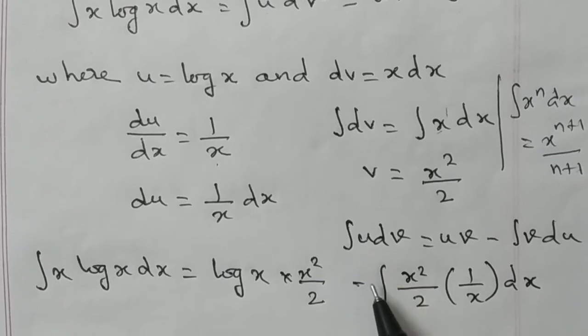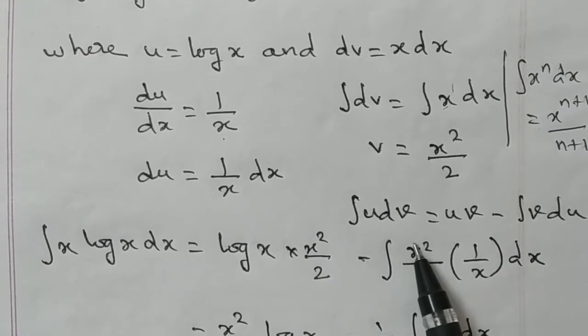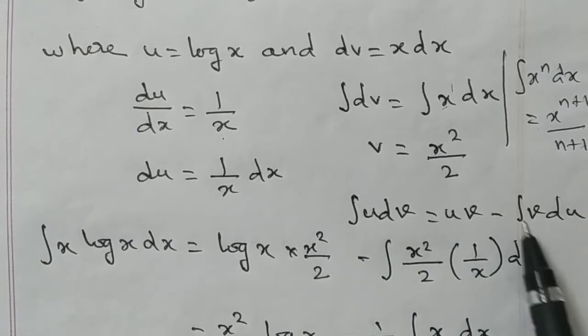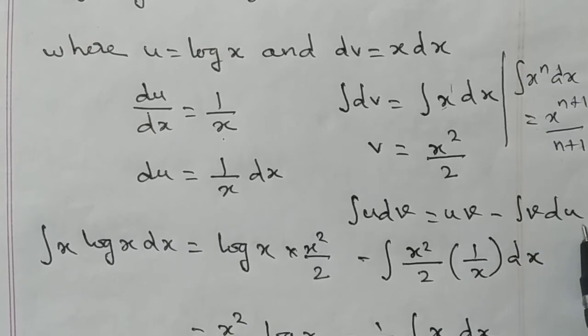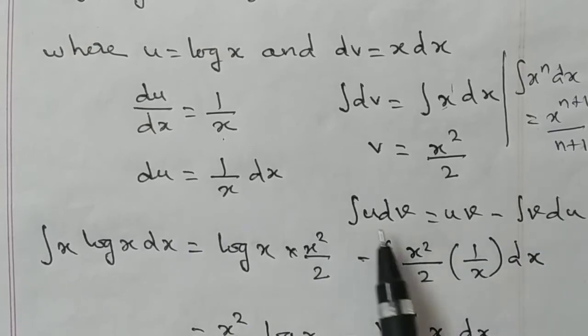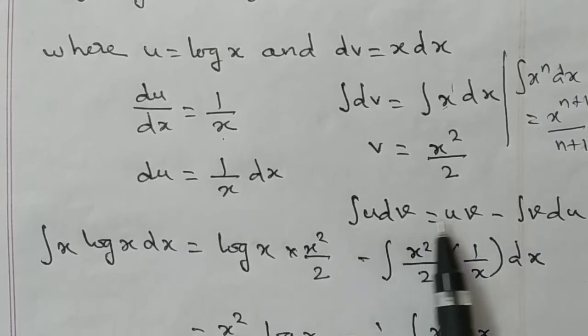We know the formula: integral u dv equals uv minus integral v du. Now apply the values of u, v and du.